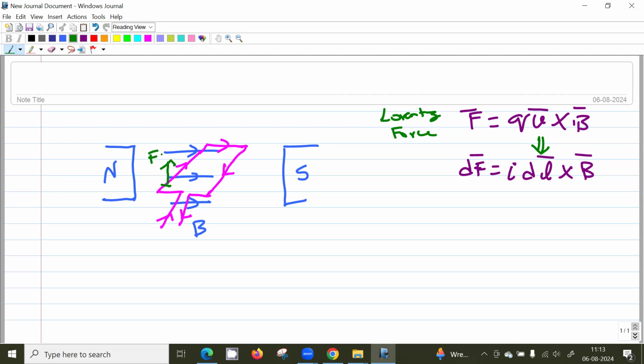We assume this as the x-axis, this is the y-axis, and there is the z-axis. The field is going in the i cap direction, and the plane of this rectangular coil is the XZ plane.